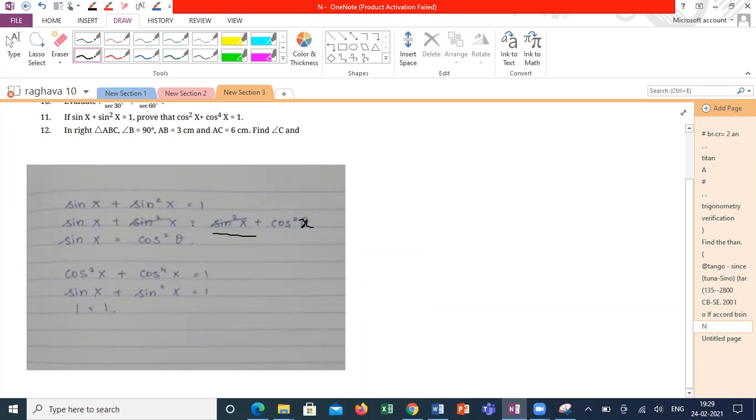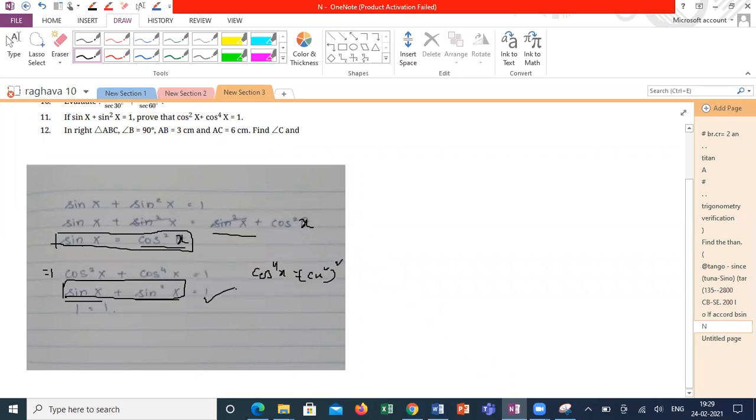So sin square x cancels, so sin x is equal to cos square x. Then cos power 4x will be equal to cos square x whole square. We are already given sin x plus sin square x is 1. So from here she proved it like this. It's the simplest method to get full marks.